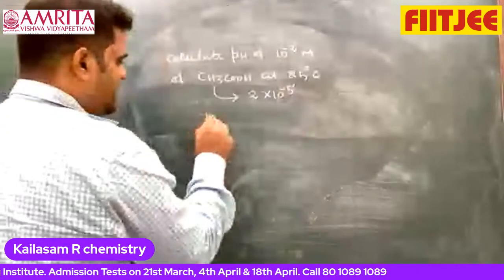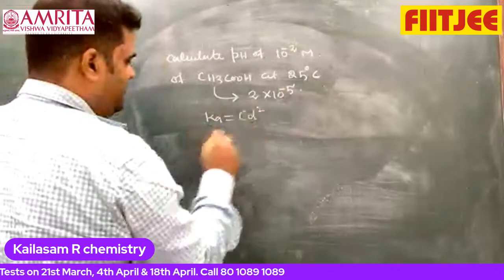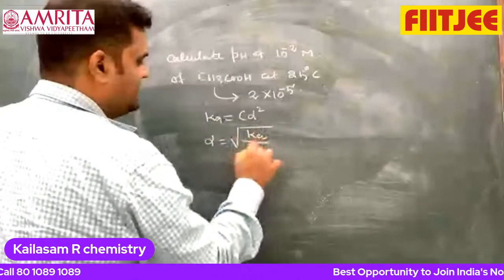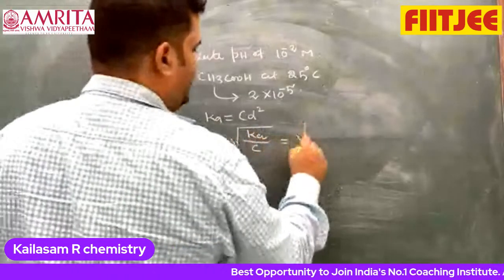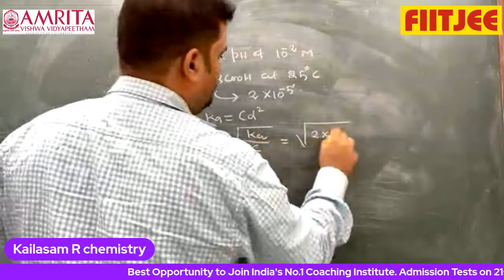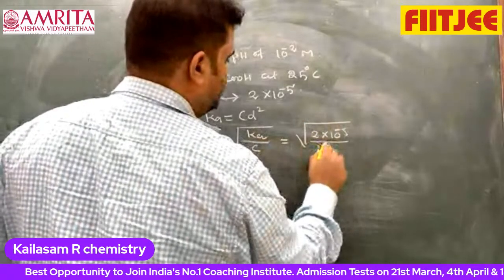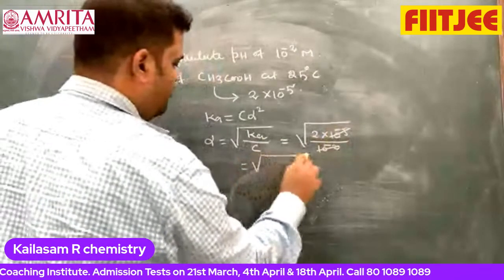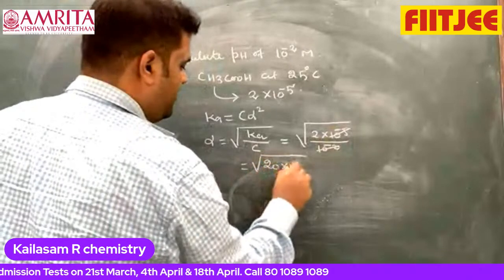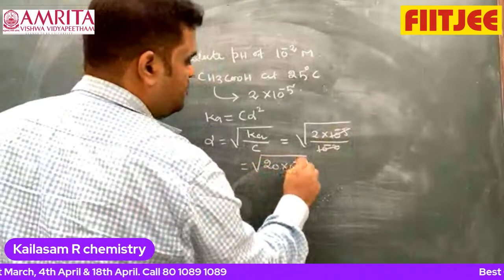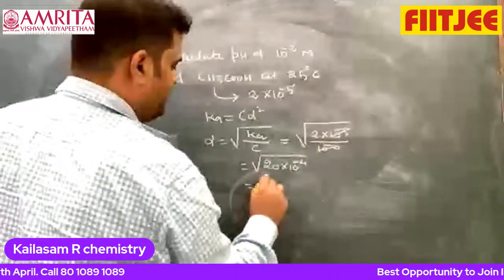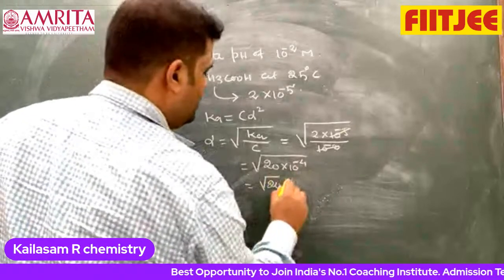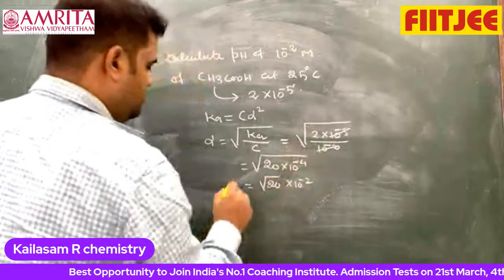Therefore, Ka is equal to C alpha squared, and alpha is equal to root of Ka by C. Ka is 2 into 10 power minus 5 by 10 power minus 2. I can write root of 20 into 10 power minus 4. I get root 20 into 10 power minus 2. This is the alpha.